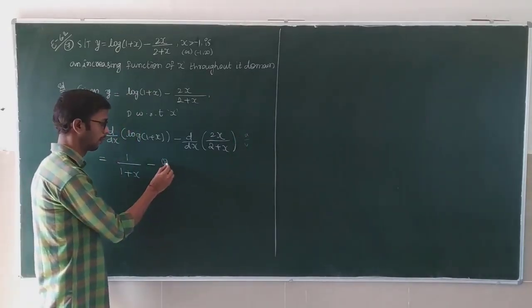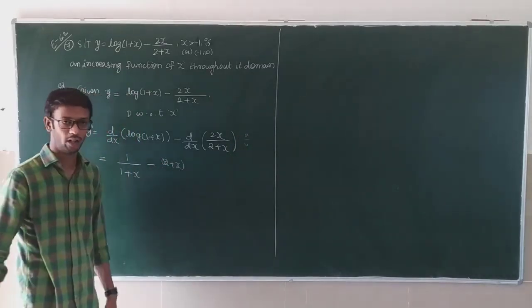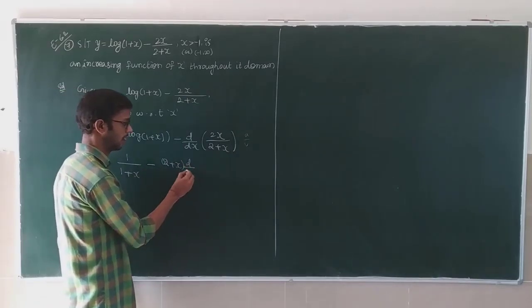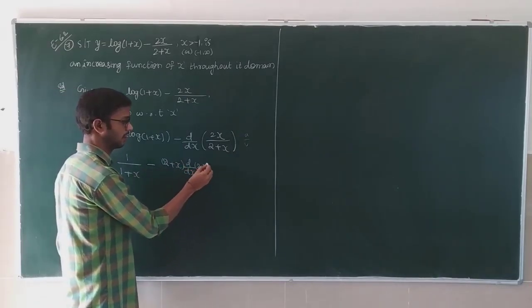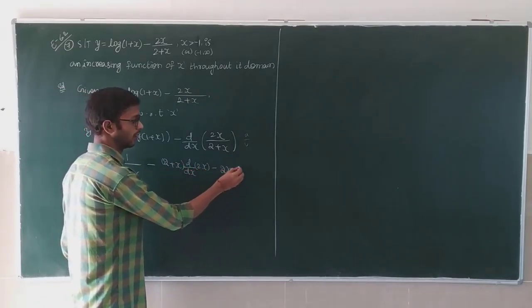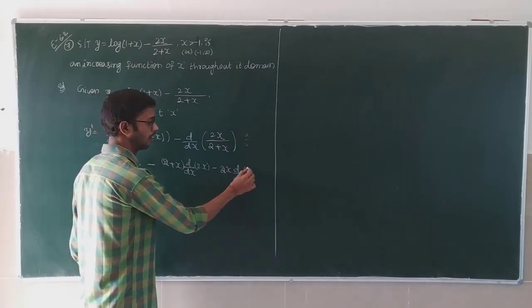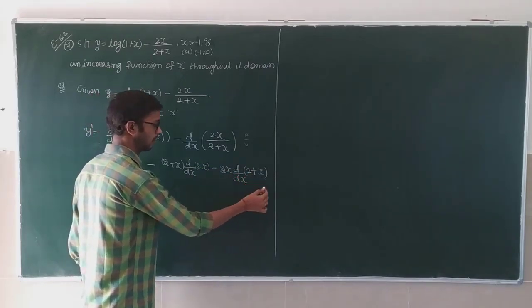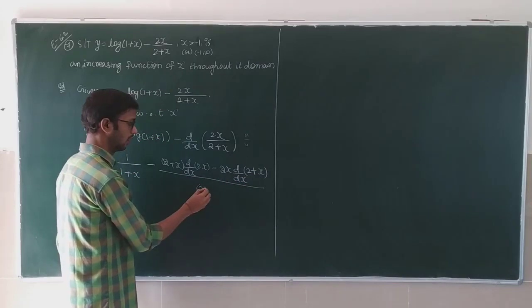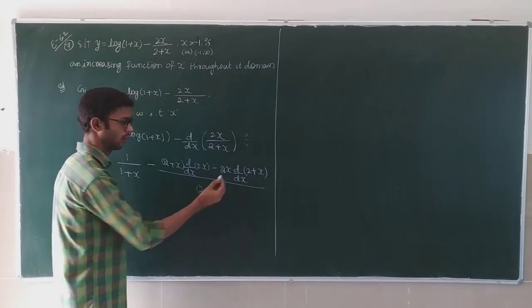For the second term, using the u by v formula: v into u dash, that is d by dx of 2x, minus 2x into d by dx of 2 plus x, divided by 2 plus x whole square.